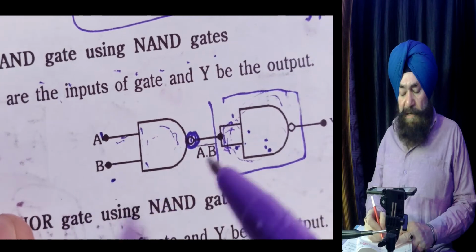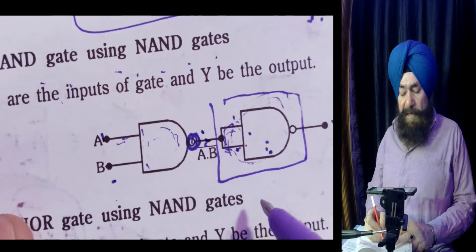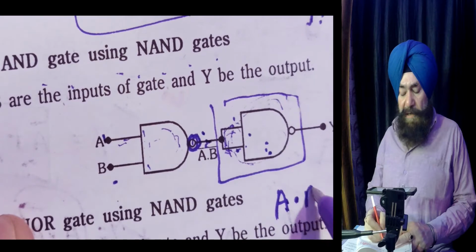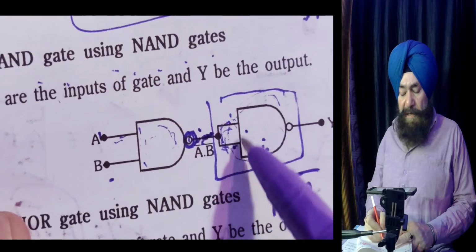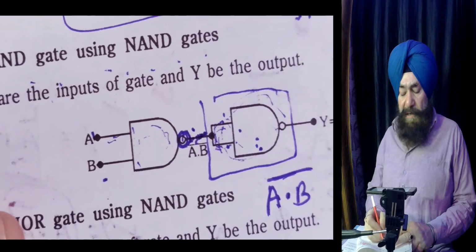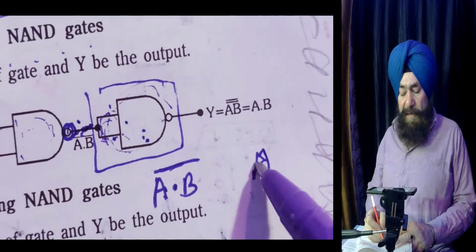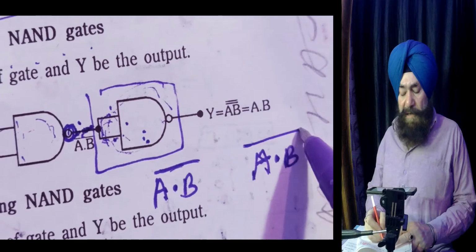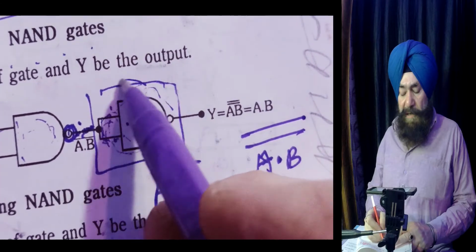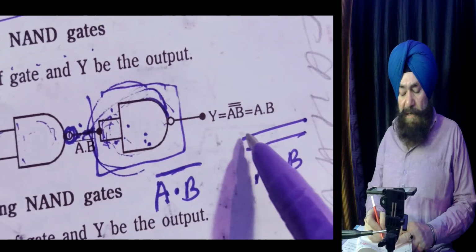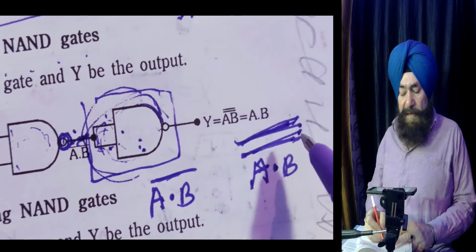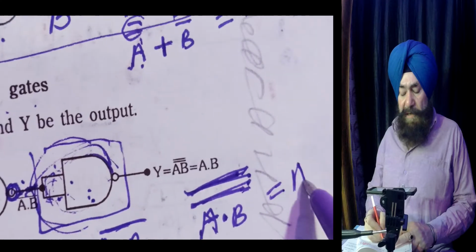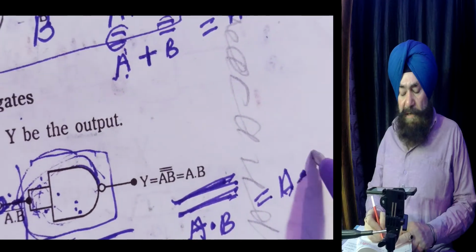So this is AB, and here the output becomes A and B, NOT. Now then there is a NOT again. So the last output becomes A and B again, because this is again a NOT gate. So I put a bar again. So two bars cancel out. It becomes A and B only.